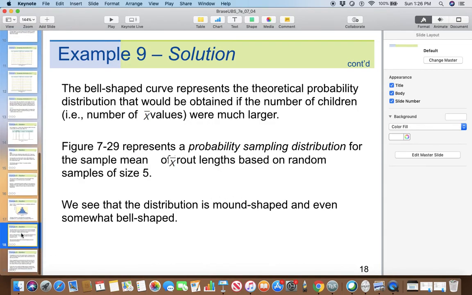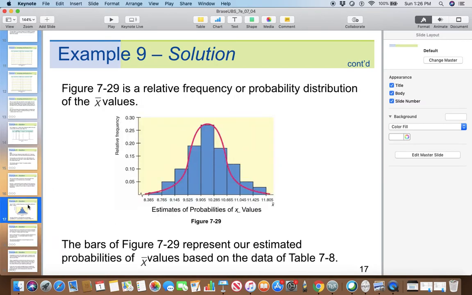The bell-shaped curve represents the theoretical probability distribution that would have been obtained if the number of children were much larger. In other words, instead of just studying 100 children, we could have gotten, say, 200 children, double the numbers, in which case your rectangles would be thinner.